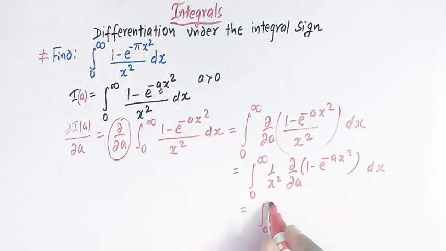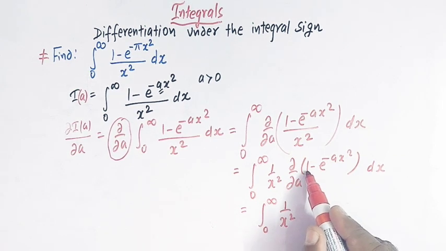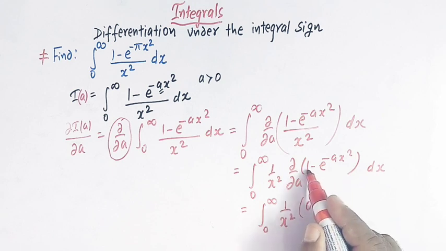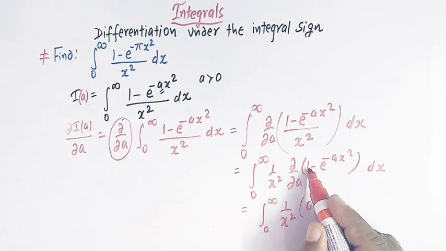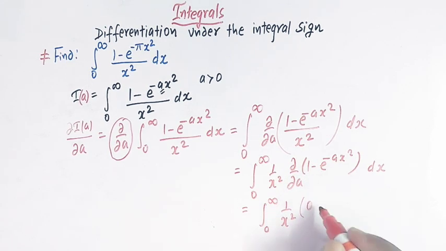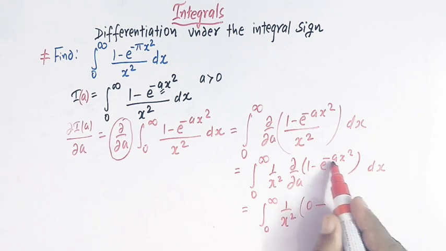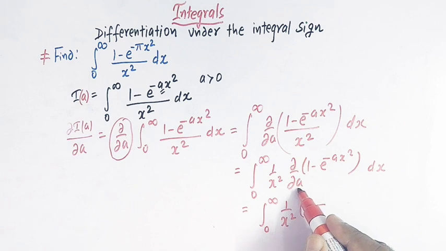So now we can write the integral from 0 to infinity of 1 over x square. Now the derivative of 1 is 0 because 1 is a constant, and the derivative of a constant is 0. And here we have to differentiate e raised to minus ax square with respect to a.